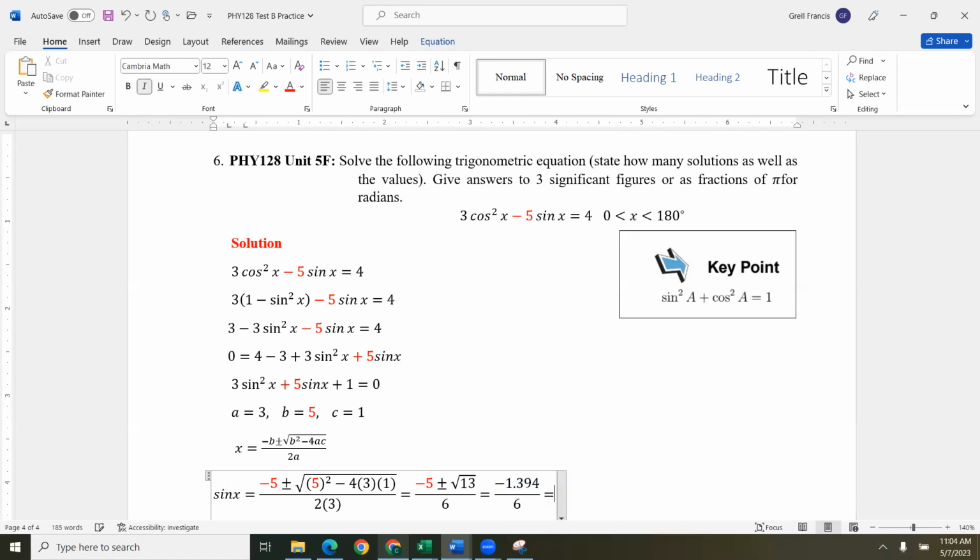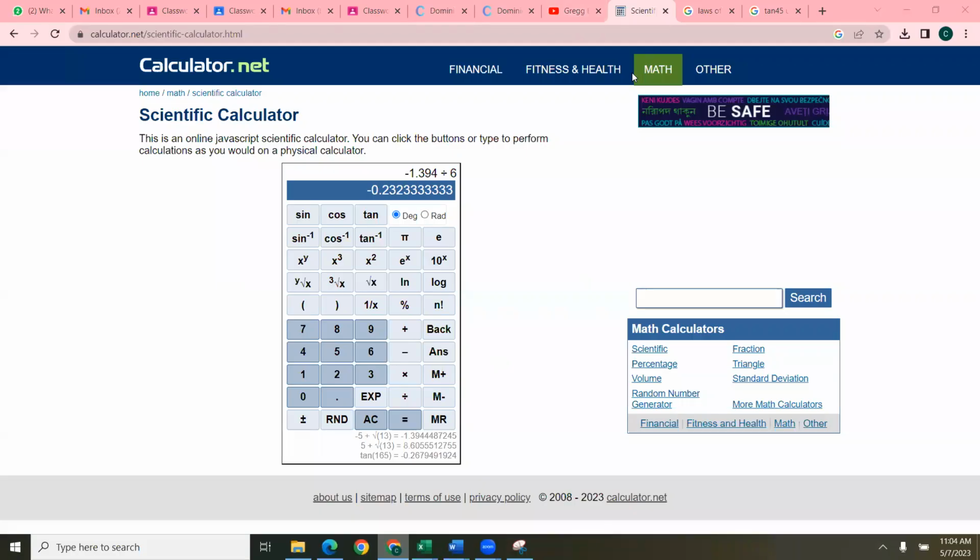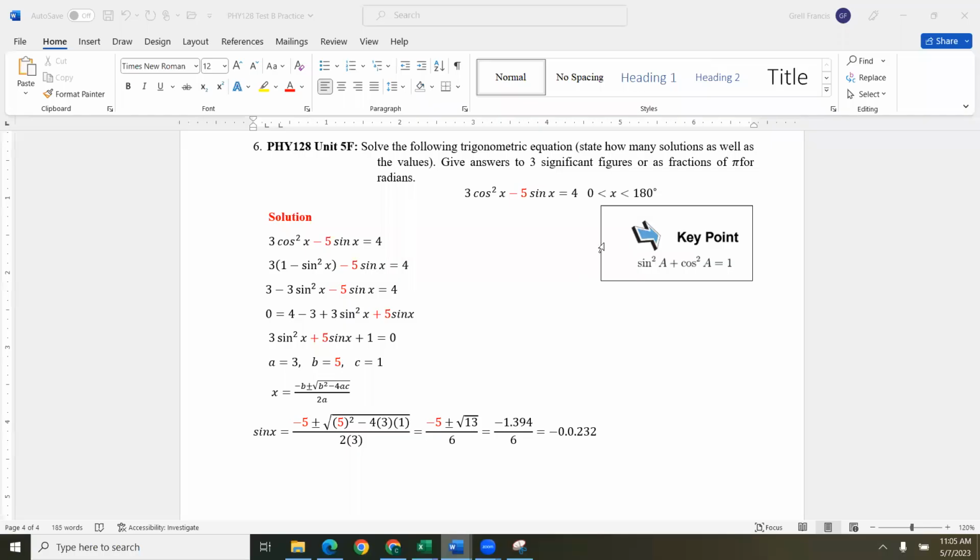This will certainly give us, even though it's a negative, a 0 point value. That's what we're looking for for there to be a solution. So we're going to divide negative 1.394 by 6. So we got negative 0.232. So now we have to arc sine, or inverse sine, negative 0.232 for us to find what x is.